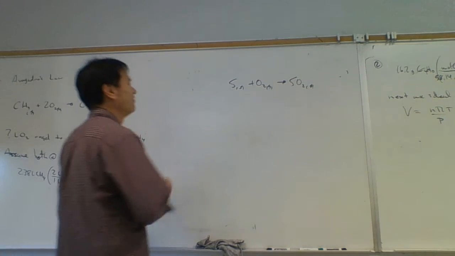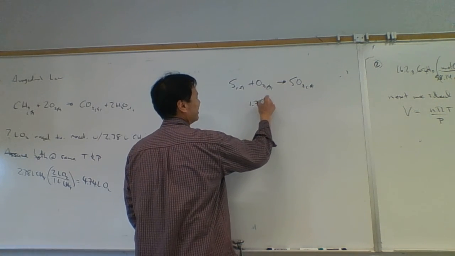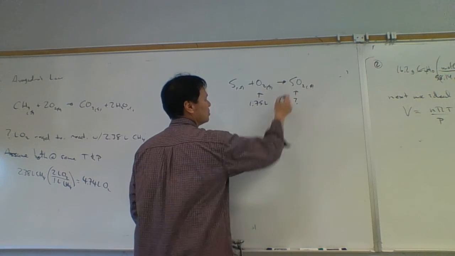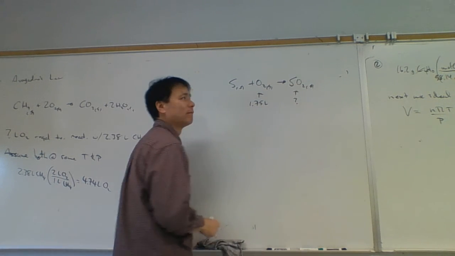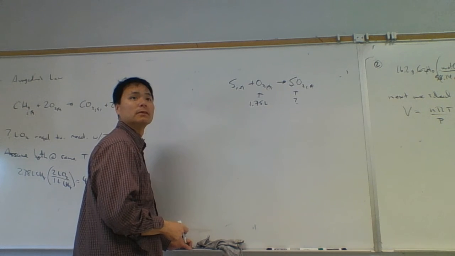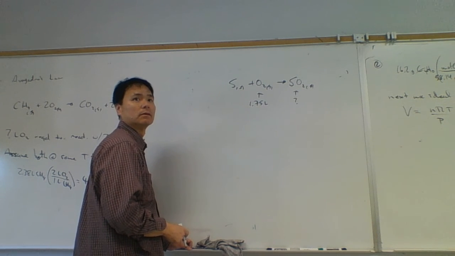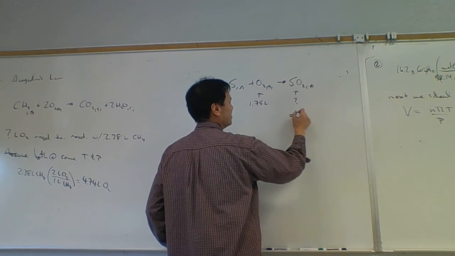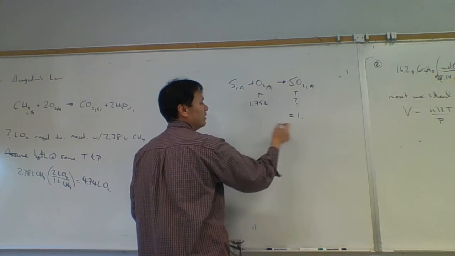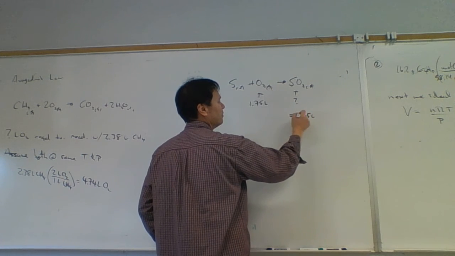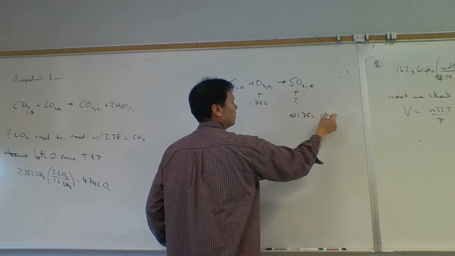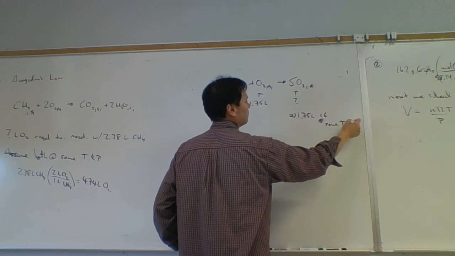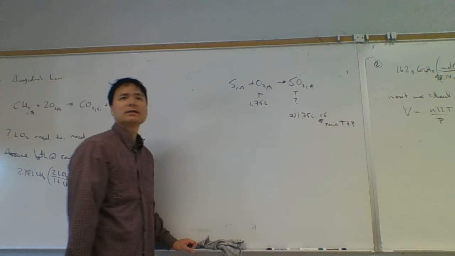So if I have 1.75 liters of O2, then how many liters of SO2 do I have? Well, if I have 1.75 liters, I'm going to form 1.75 liters of SO2 if at the same T and P. Does that make sense?